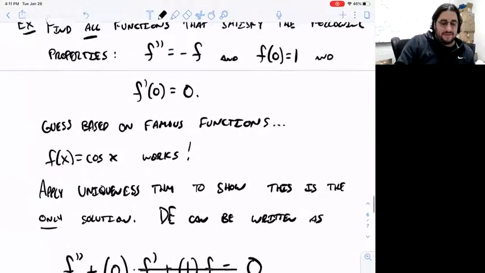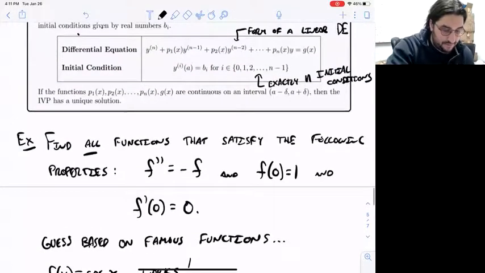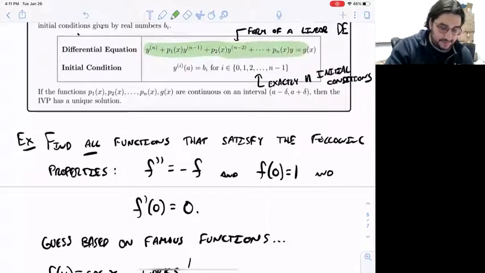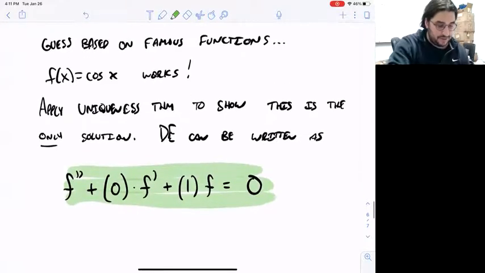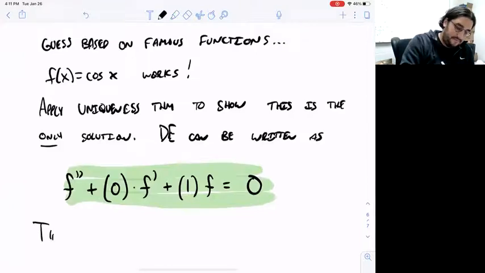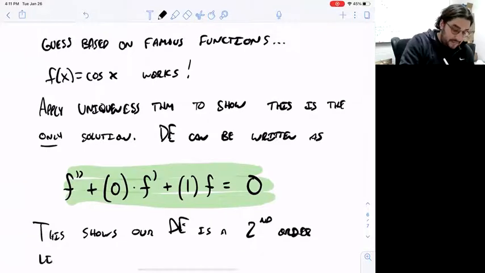Why did I do that? Well, I wanted to write this differential equation in the form of a linear differential equation, because I can't apply the theorem unless the equation is linear. And it is. So this shows that our differential equation is a second order linear DE.